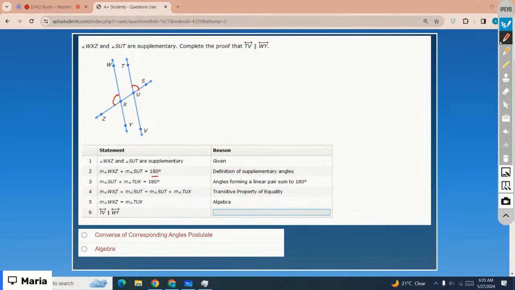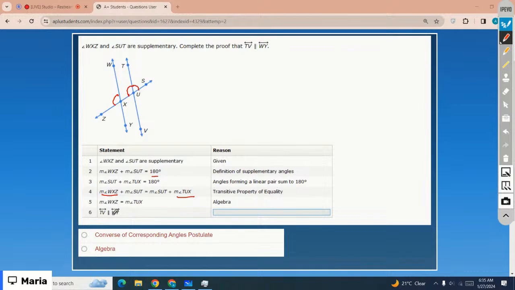So SUT and TUX, the sum of these two is also 180 degrees, right? And they both are equal. WXY plus SUT and SUT plus TUX, they are equal. That means WXY is equal to TUX.